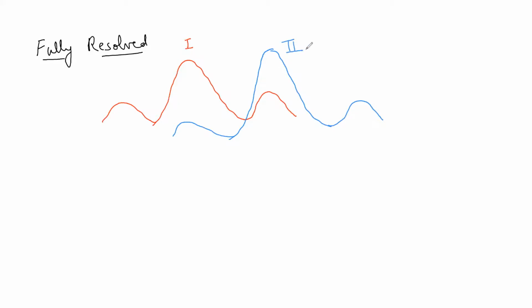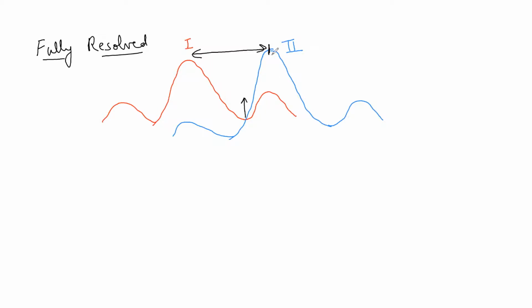What we can observe here is that the distance between their peaks is well separated, and technically we will say that the peak of the second object is not lying just above the minima of the first object, rather it is quite far apart.